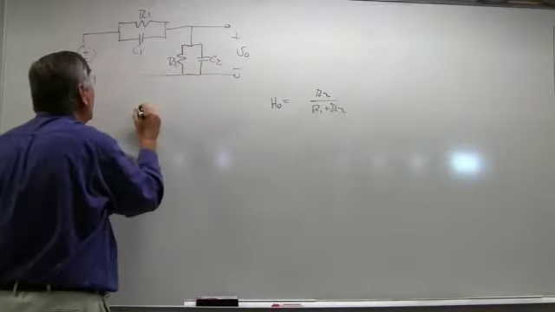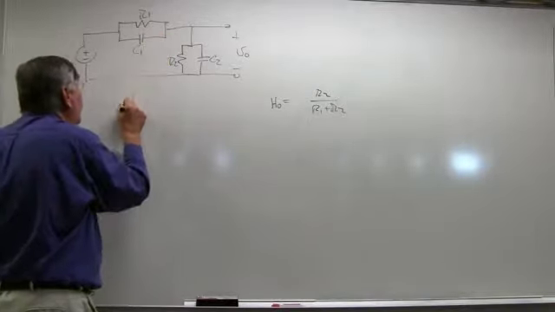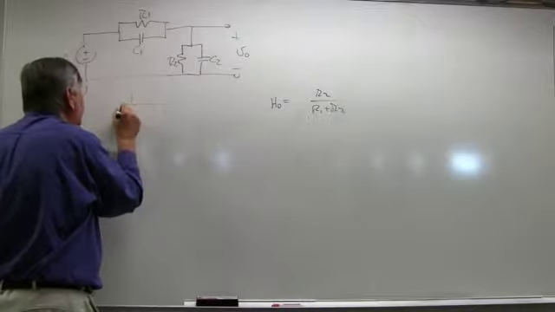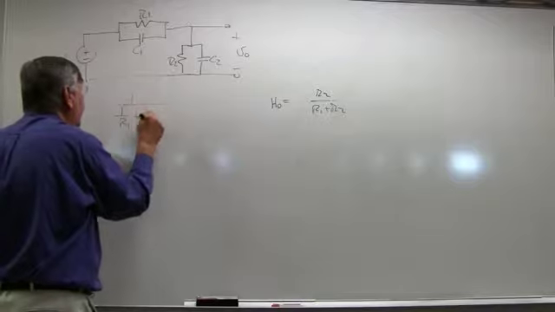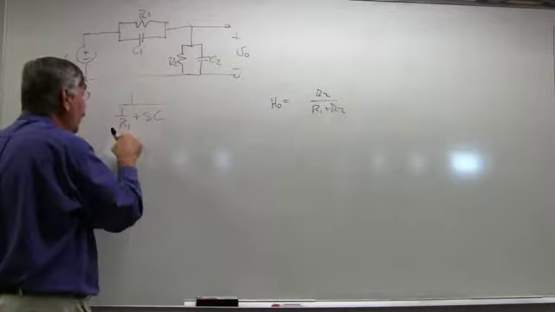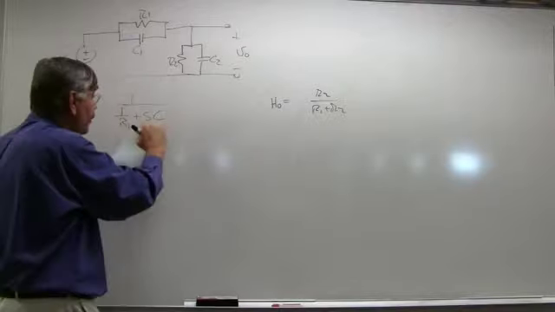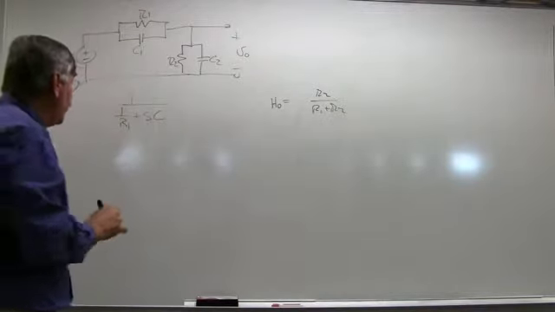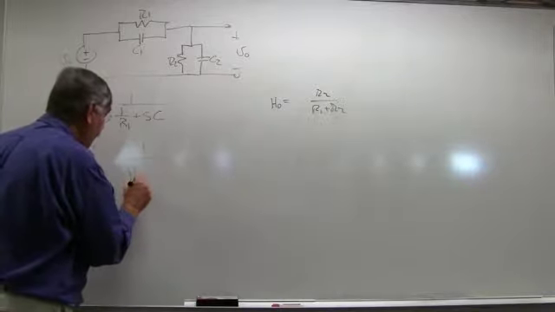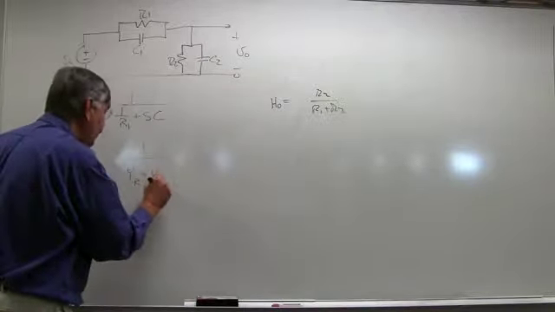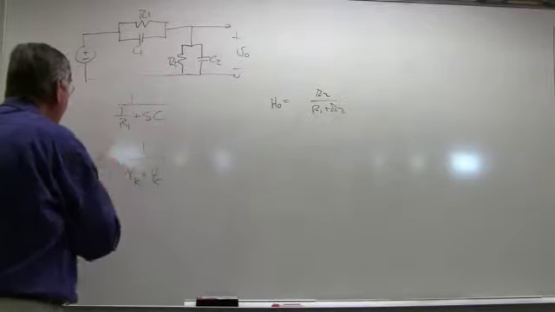So the parallel combination of these is 1 over the sum of the admittance associated with the resistor, 1 over R1, plus the admittance associated with the capacitor, SC1. I'll call it 1 over Y sub R plus Y sub C. And that's the Z associated with the first thing there.